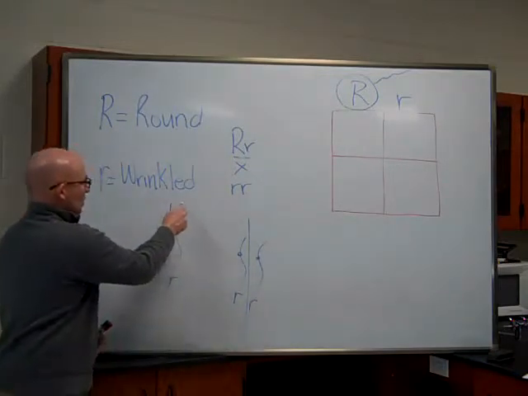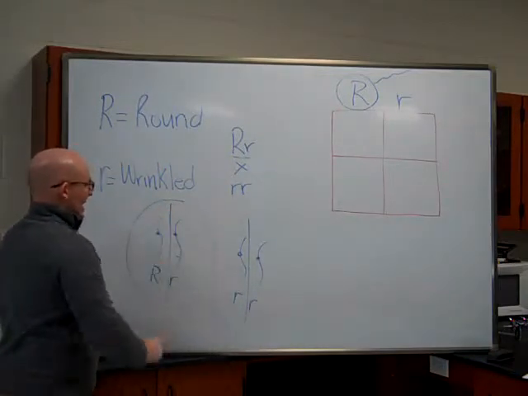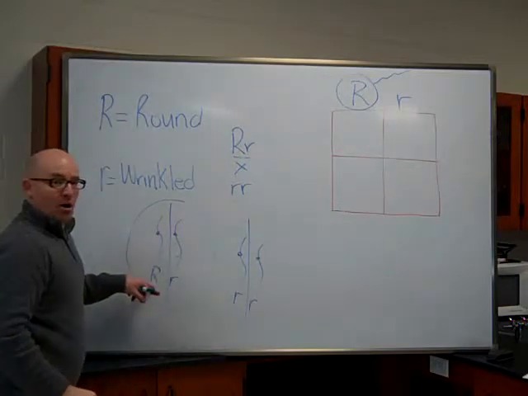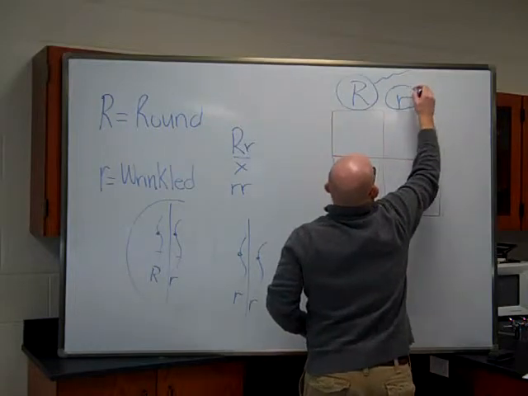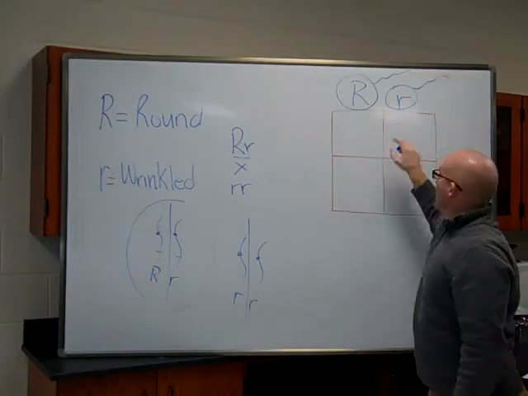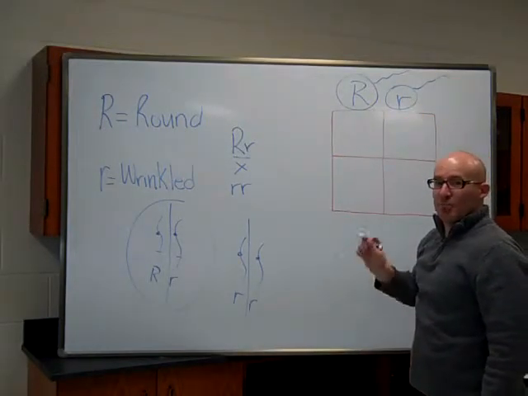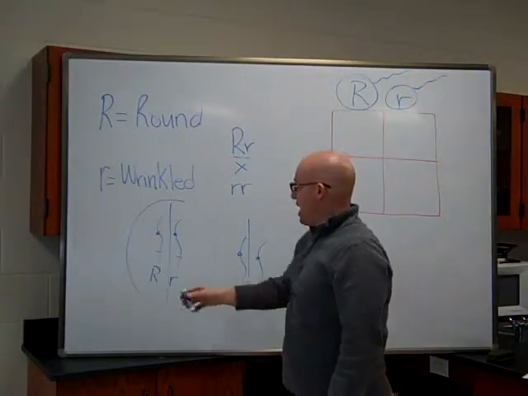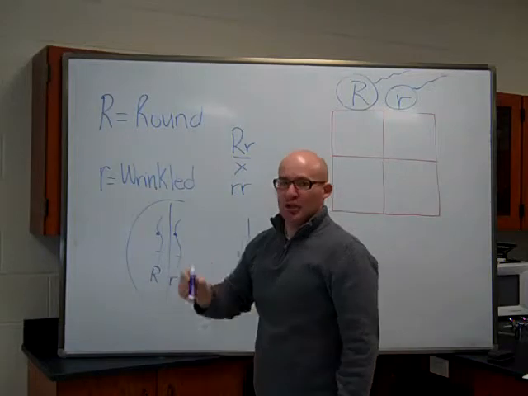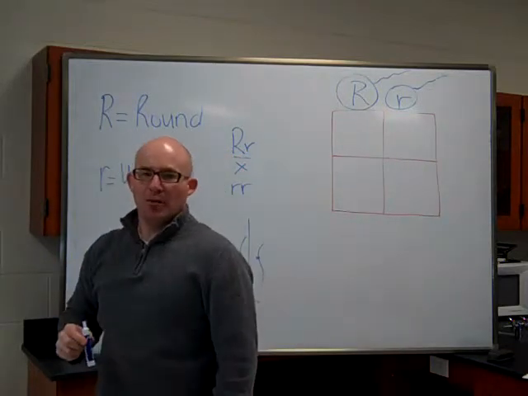So this individual for seed shape can either pass on a big R allele to its offspring, or it can pass on a little r allele to its offspring, but not both. A parent will only pass on one copy of each gene to its offspring.